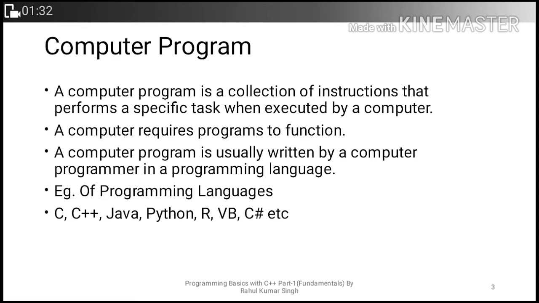A computer requires a program to function, meaning that to perform some task we need to write programs, or a set of instructions. A computer program is usually written by computer programmers in programming languages. Nowadays everyone is using high-level programming languages; no one is going to write programs in low-level languages.